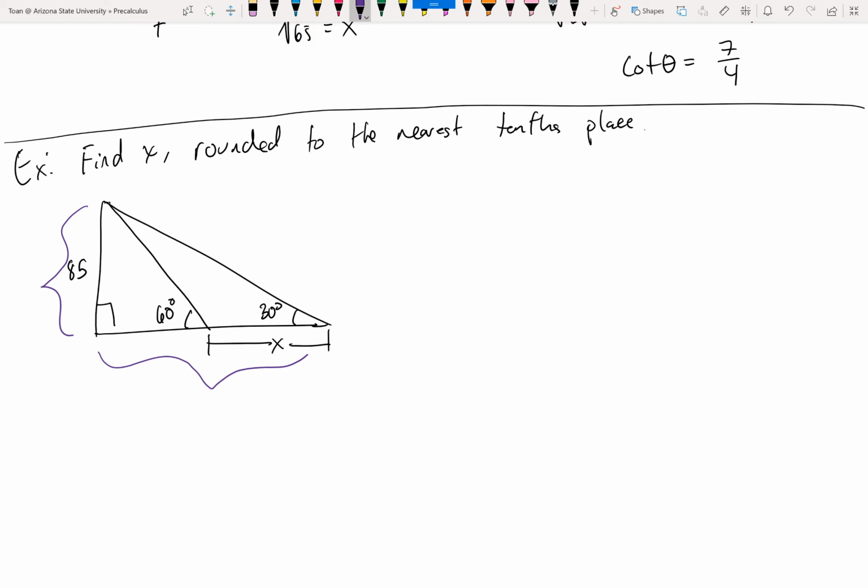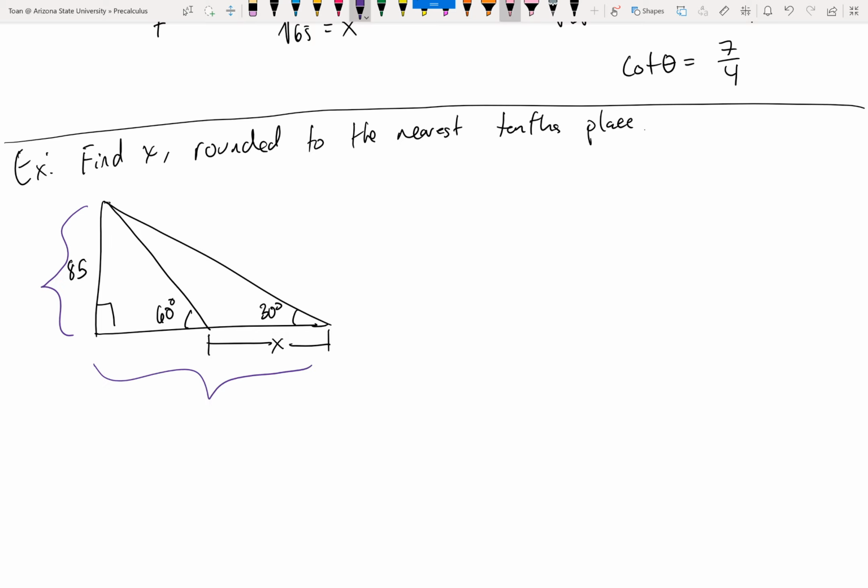So I know for a fact that although this is the x I'm solving for, I should be really looking at this entire triangle because it is a right triangle. And I can use SOHCAHTOA, I can use trig ratios when I have right triangles. Here's the problem. I can use SOHCAHTOA to figure out this whole side length here.